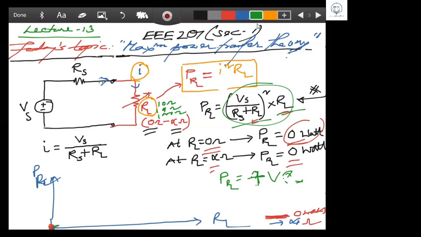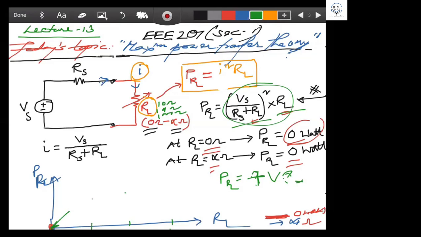And in between, when you put some other values like 10, 100, 1000, then the curve will go upward direction or downward direction? Upward, sir, because all values are positive.